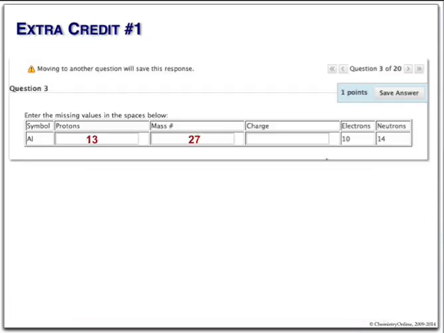If it has 10 electrons and 13 protons, it's going to be a +3. But do not enter a plus sign. On Blackboard, do not enter the plus sign. If it's a minus, you must enter the minus sign, no space. Okay?